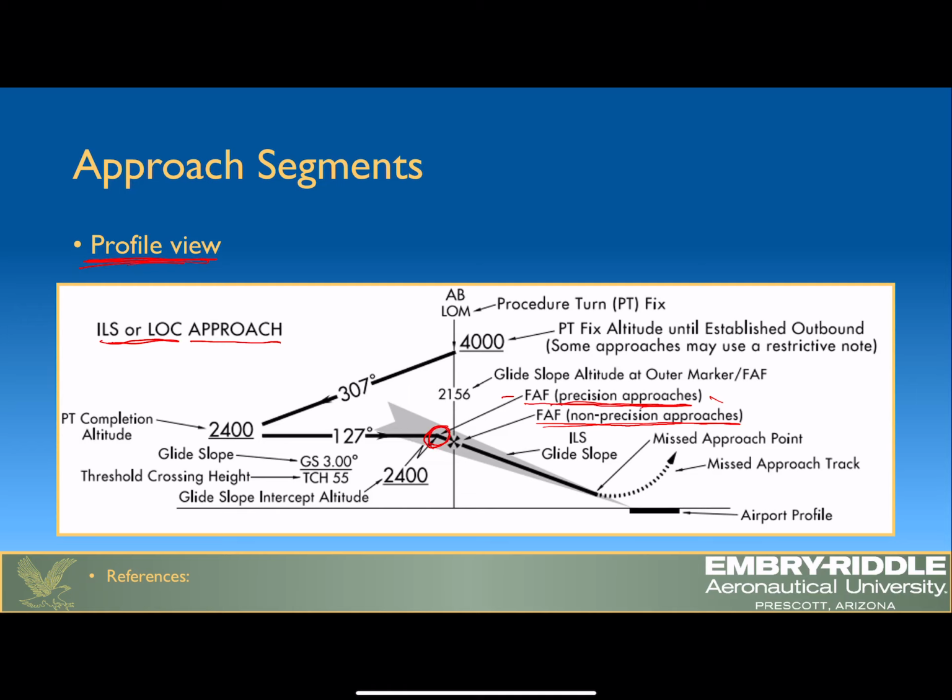For a non-precision approach, it starts at a specific checkpoint or a specific altitude. A lot of times, depending on what equipment you have, you could be flying an ILS but only be using the localizer. So you have to know the differences and what those mean for you as a pilot. Some of these will begin to make sense as we look at some examples.